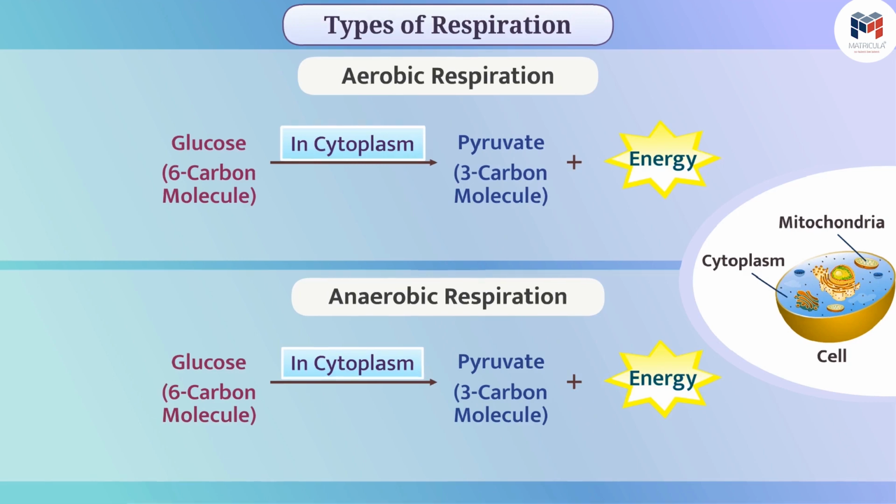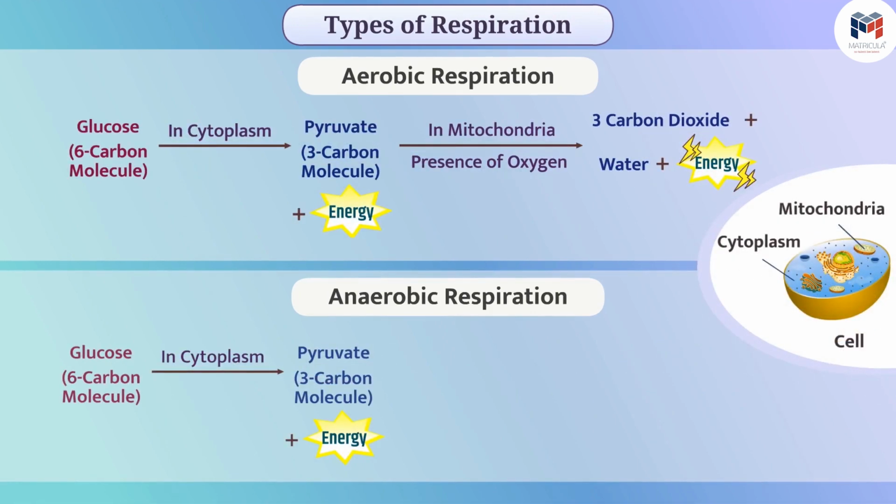For example, in the cell organelle called mitochondria, in the presence of oxygen, a molecule of pyruvate is broken down into 3 molecules of carbon dioxide and water, and thus energy is produced. In this process, oxygen is present. That's why this is an aerobic respiration.